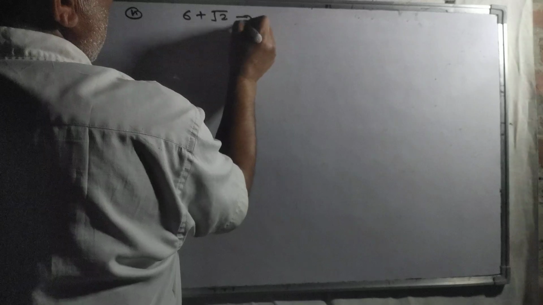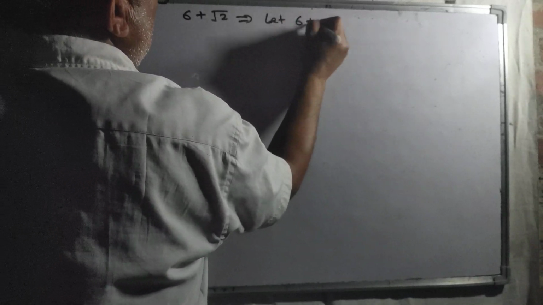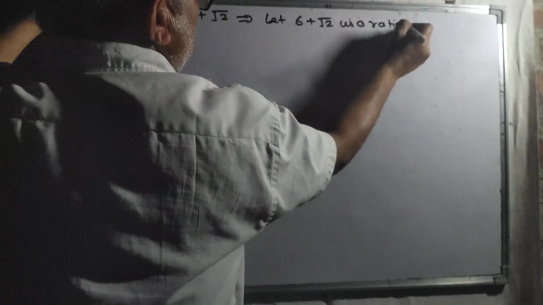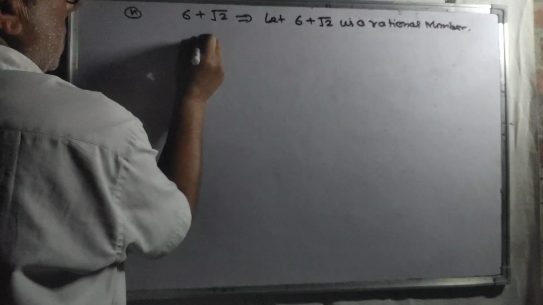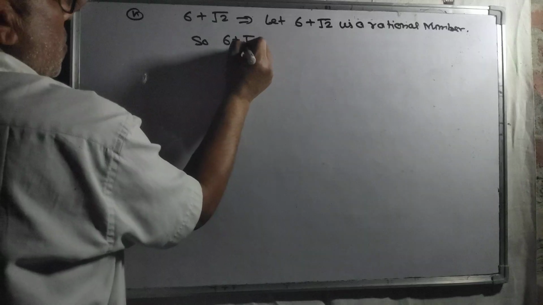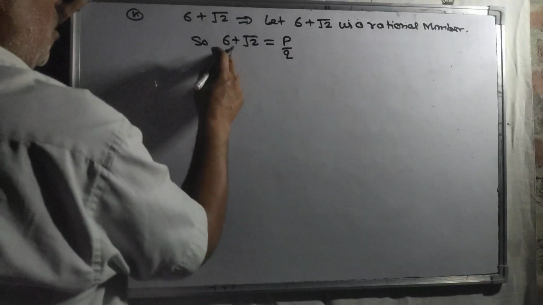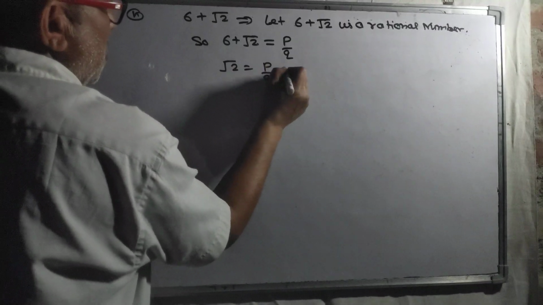6 plus root 2. Apply the reverse method. Let 6 plus root 2 be a rational number. So 6 plus root 2 equals p by q. Transfer: root 2 equals p upon q minus 6.